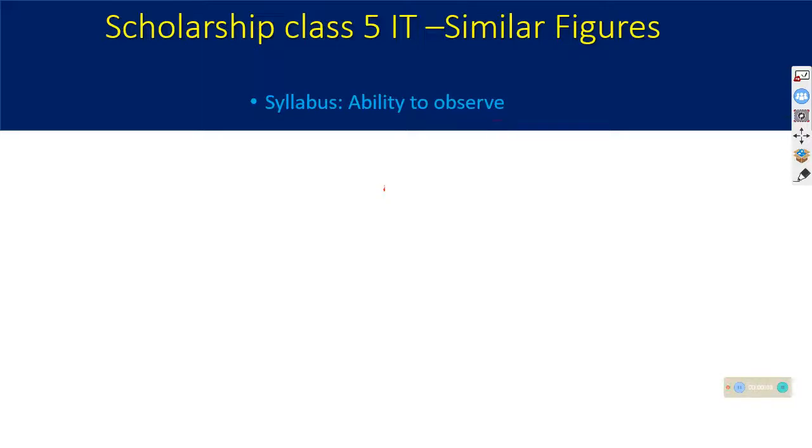topic. While observing, you will be using your ability to compare the given figures quickly, as well as your common sense to filter out. I don't have to compare because this is not at all similar. So similarity has another side, dissimilar.